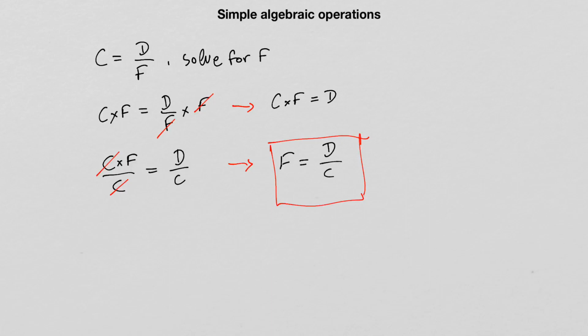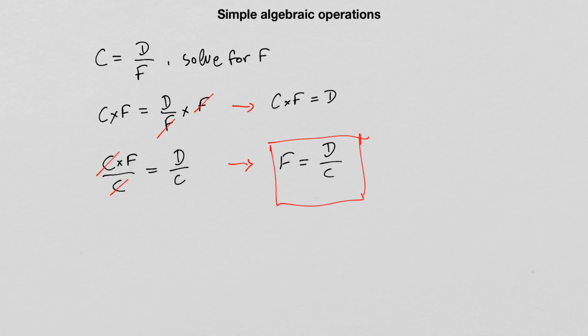So any type of problem where we have a relationship that is only based on multiplication or division is solved using those steps. If a number or a quantity that we want to move is in the numerator, we must divide both sides by that quantity.